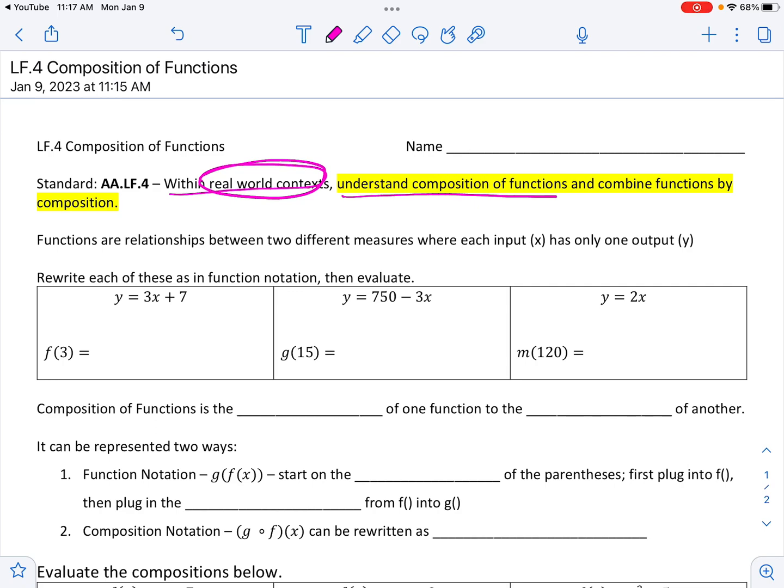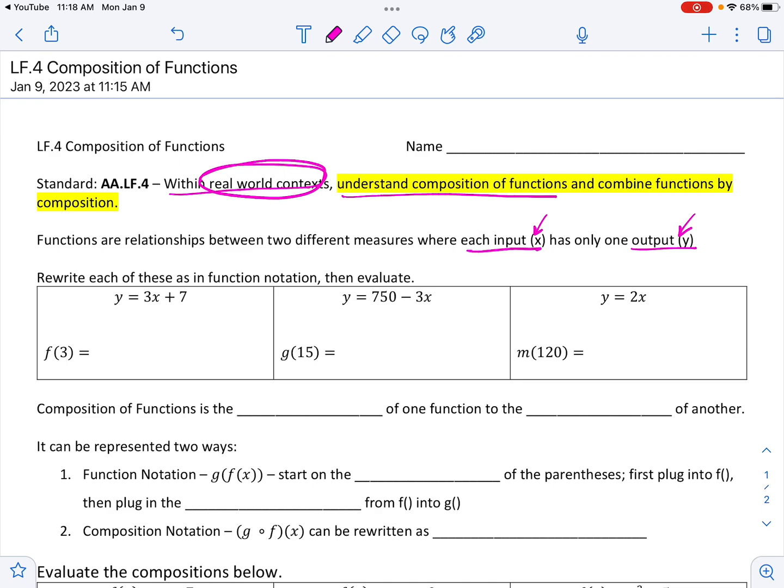Functions are relationships between two different measures where each x has one and only one y, or each input has one and only one output. That's what a function is.